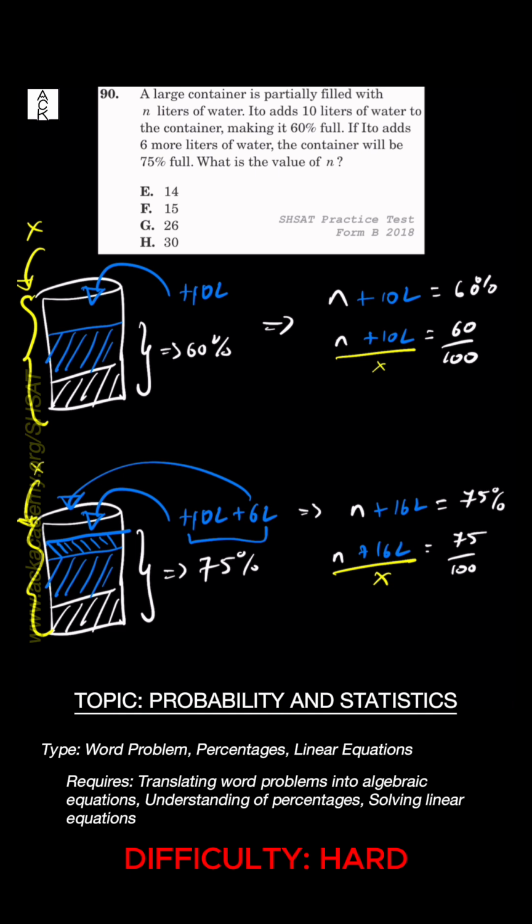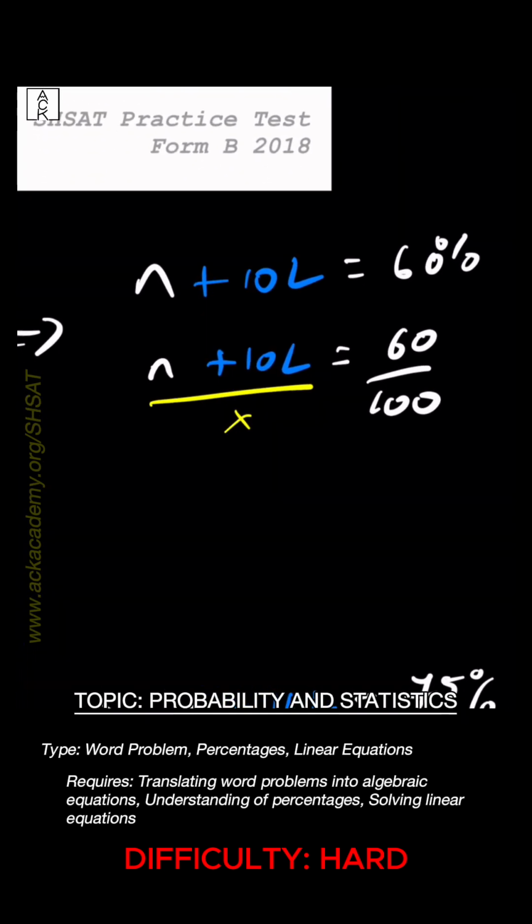Now, let's find out what the value of X would be. So here, 3 over 5 equals n plus 10L all over x.